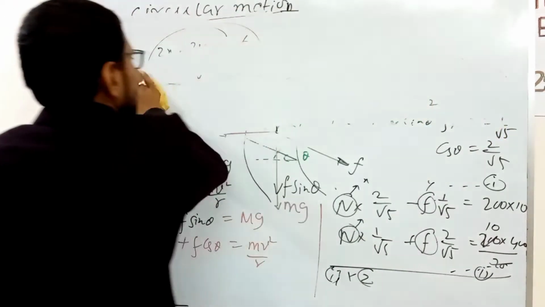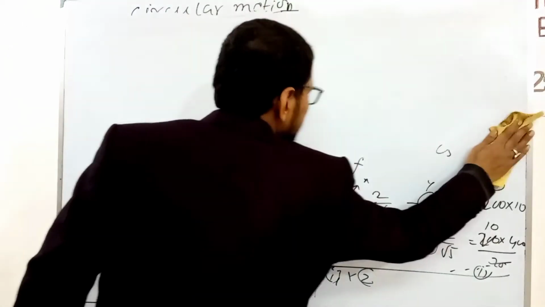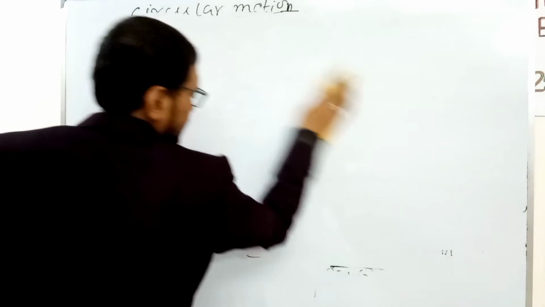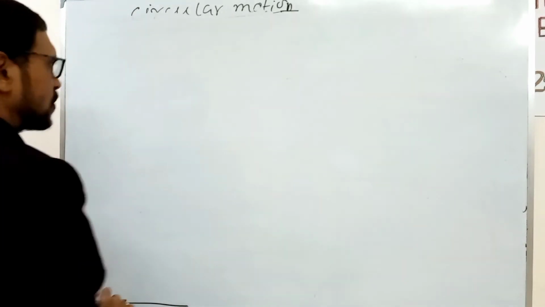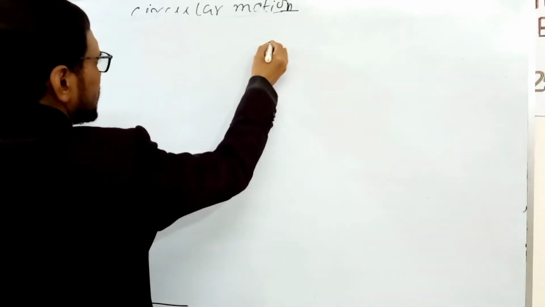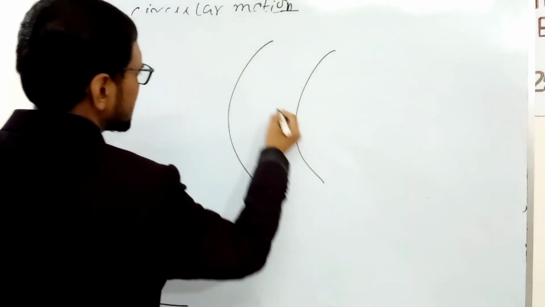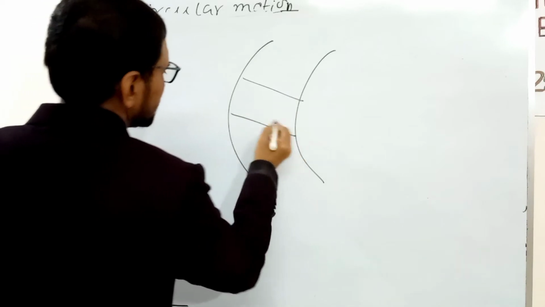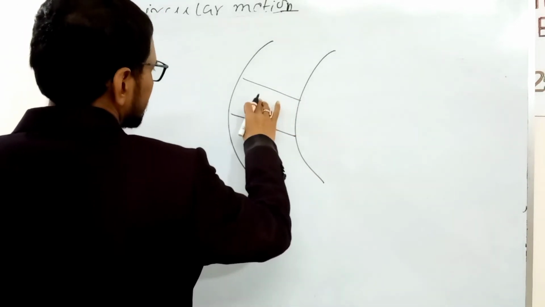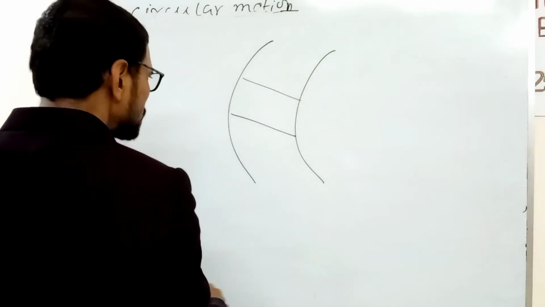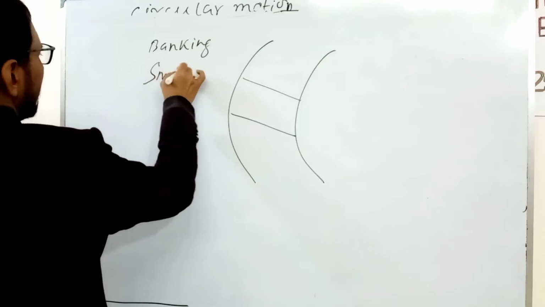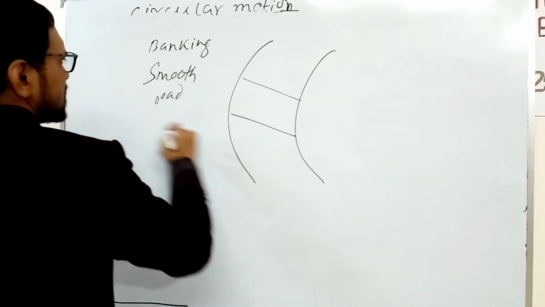Now one thing is that when the car turns on a plain smooth banking road, what is the maximum velocity?